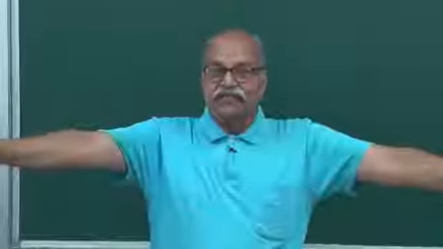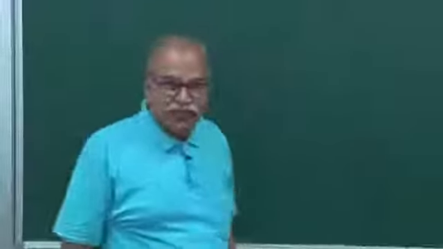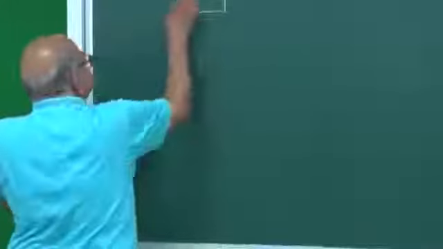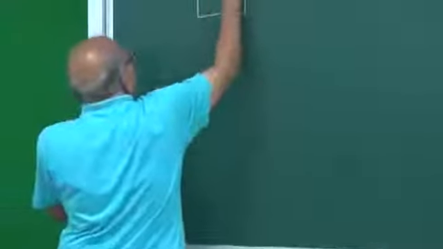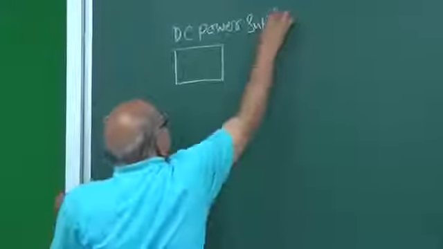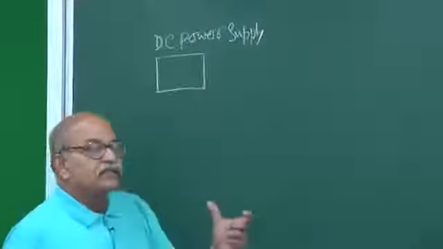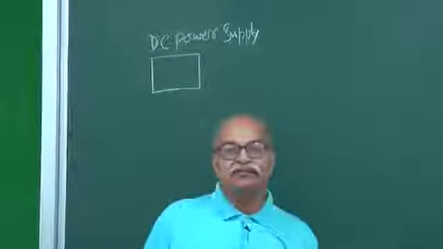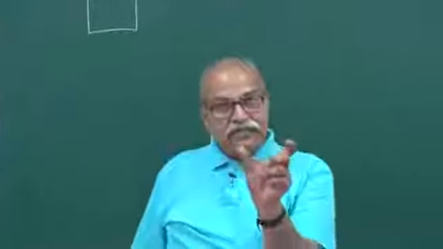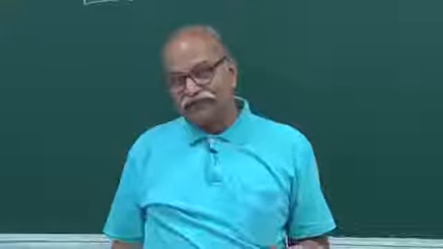So that is good DC. But normally it doesn't happen like that. If you have a DC power supply, like our adapter, the chargers which we use with our mobiles or cameras or laptops, that charger is nothing but a power supply.